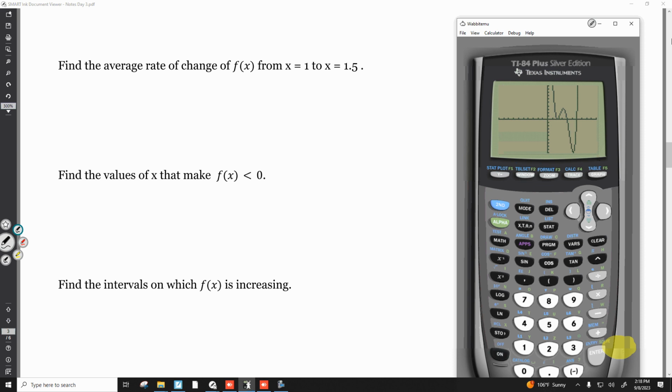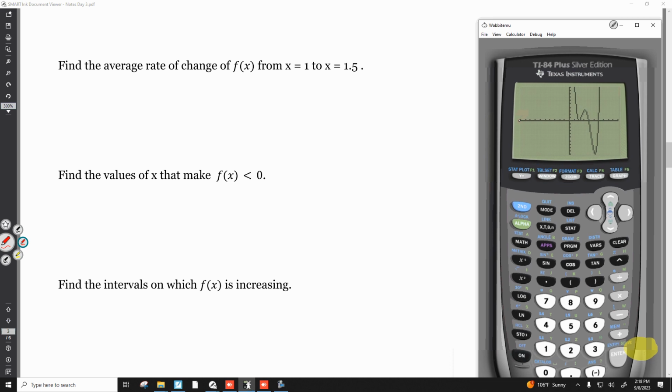Now, I can see my function is negative in this region. Don't use trace. You want to find the exact values. Here's an easy way to find zeros. Everybody, graph y equals 0. If you have a nice color calculator, you can see the red line, y equals 0.